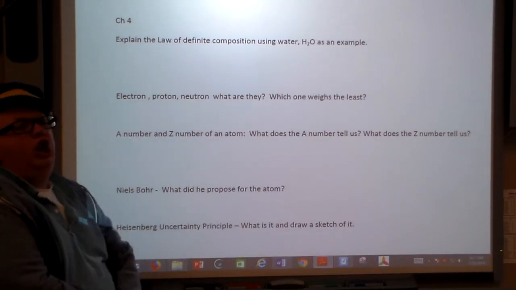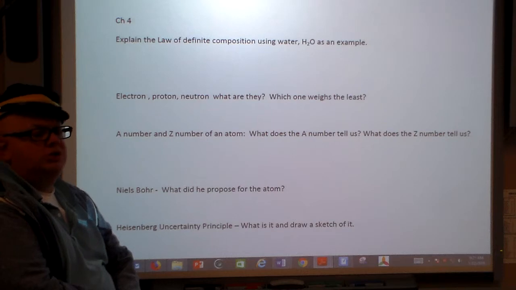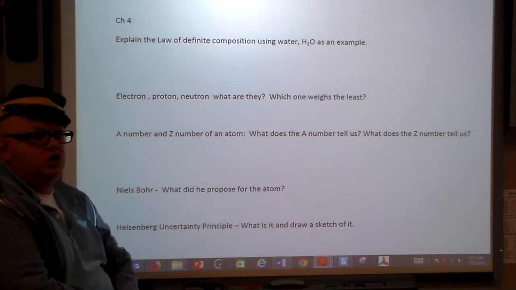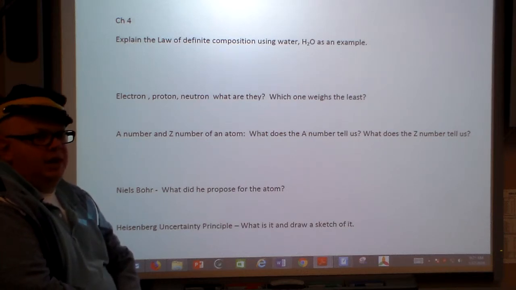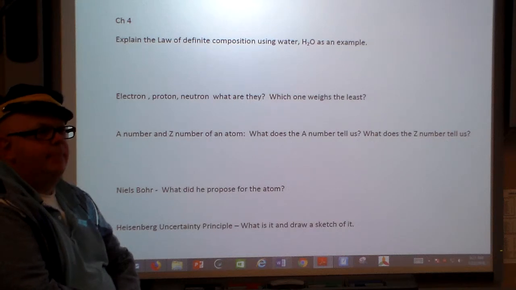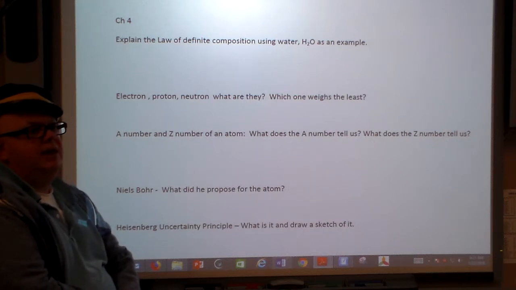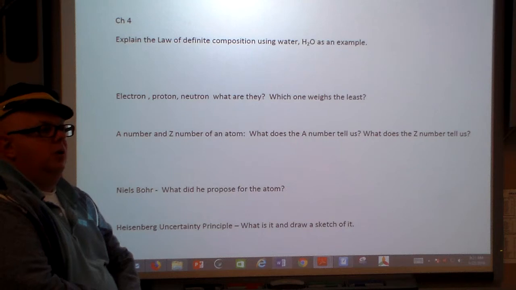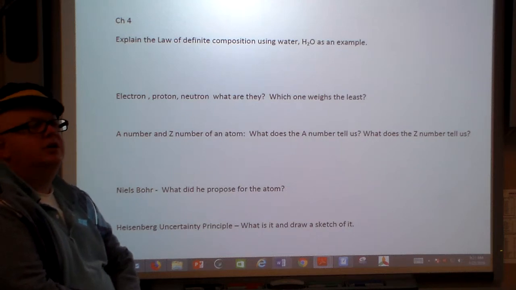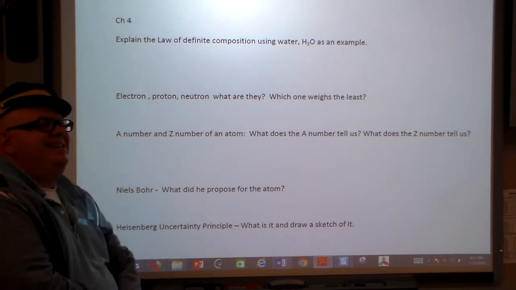Okay, chapter 4, law of definite composition. So what's definite composition? What is something made up of? Composition. So, the composition of water is hydrogen and oxygen.